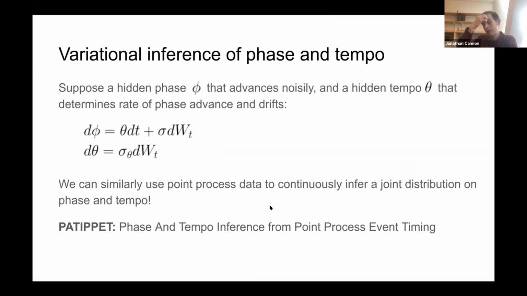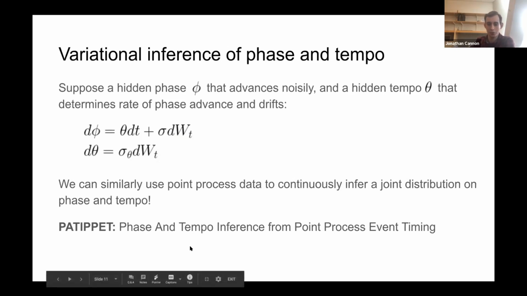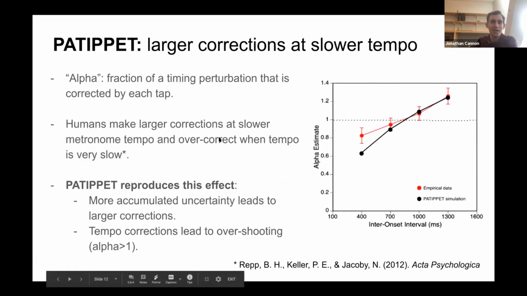And finally, we can actually do inference on both phase and tempo in this way. So if we just give it a forward model that has phase advancing at a variable rate, theta, and theta has some noisy drift, then we can do PIPET, phase and tempo inference from point process event timing.